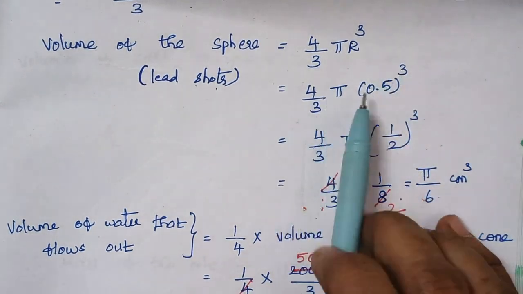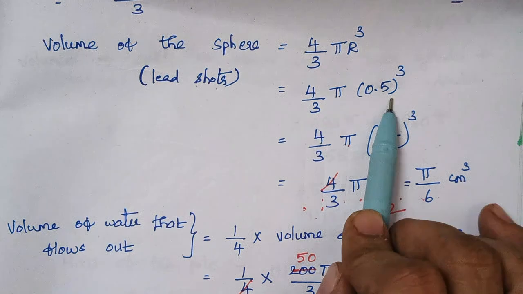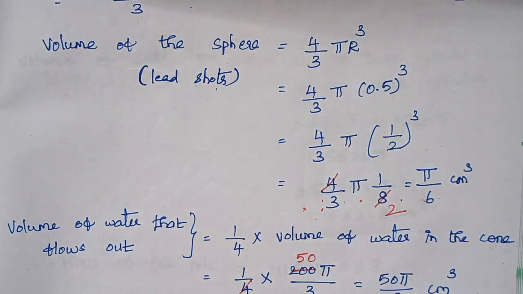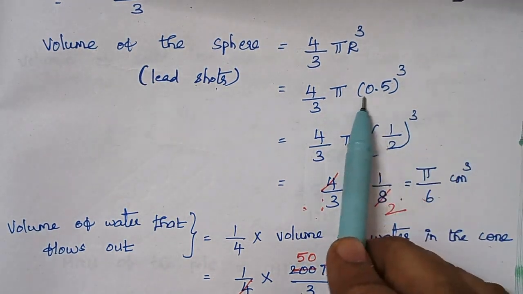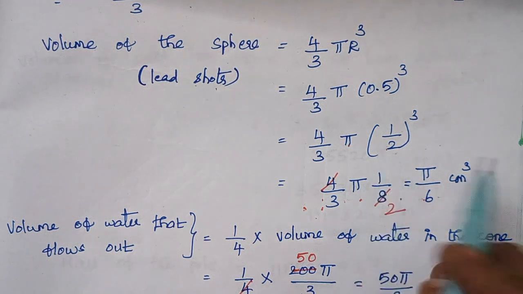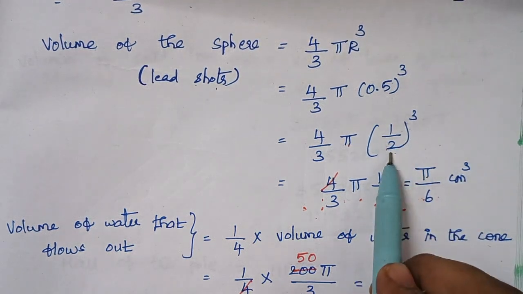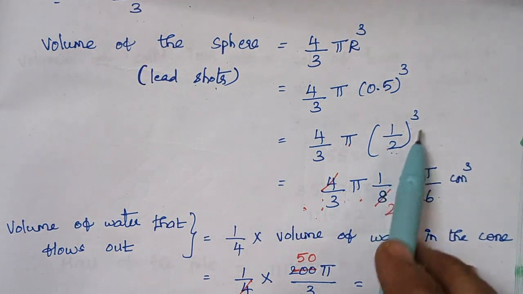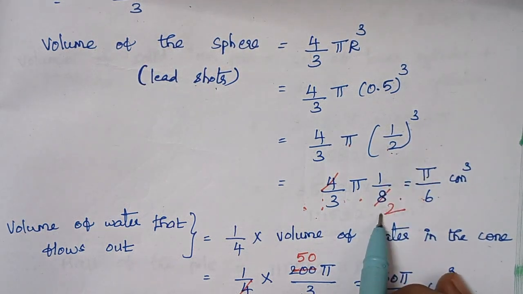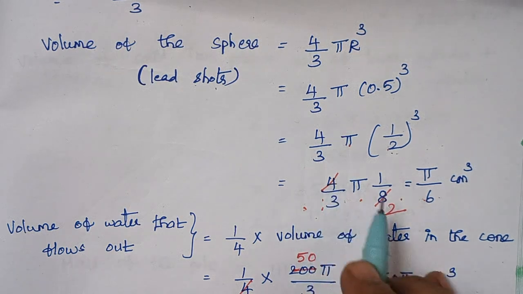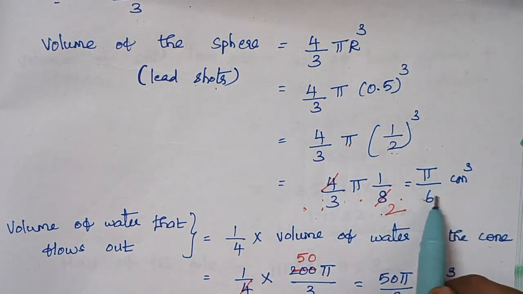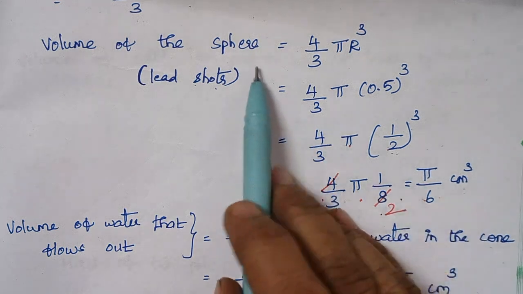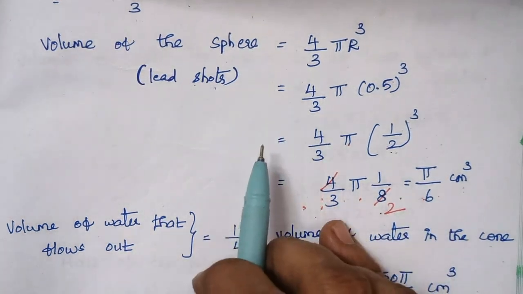So, 4/3 pi, the value of r is 0.5. So, again, in order to simplify, we can write 0.5 as 1/2, right. So, 1/2 cube is 1/8 here. So, again, when you simplify, we are getting the answer as pi by 6 centimeter cube. So, this is the volume of the sphere, right.